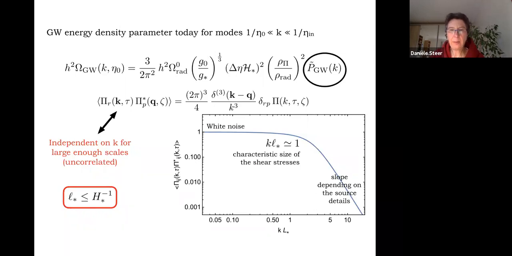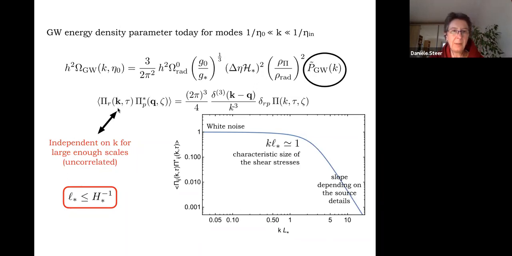And then the last comment that I want to make about this simple example is the shape of the spectrum. There's one last thing that we know about the shape, and it comes from the fact that the unequal time correlator of the source had better be independent of k for large enough scales, because our sources have to be uncorrelated.